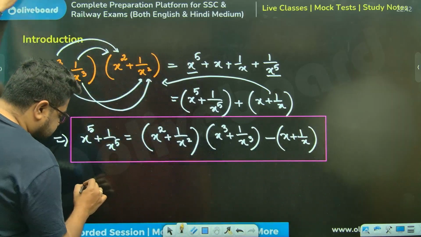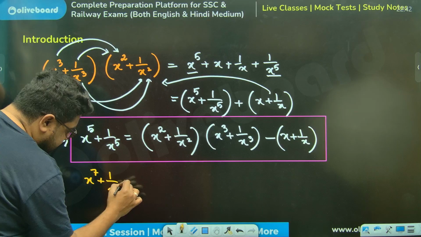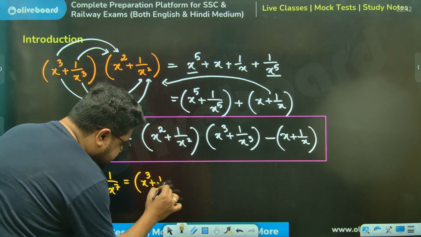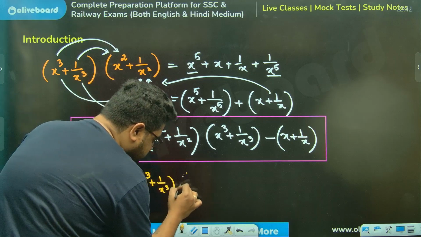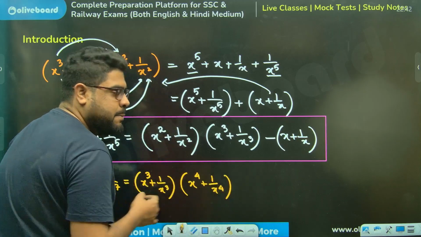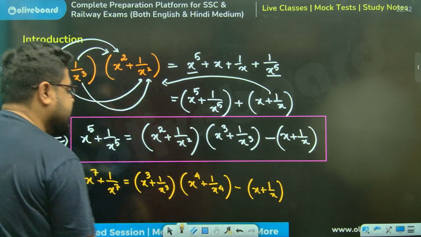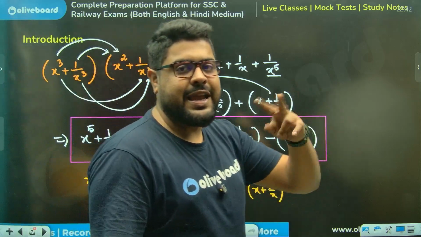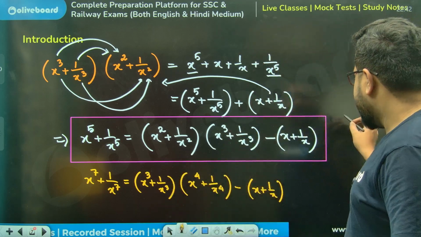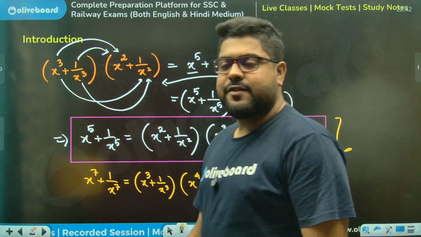So if somebody asks x to the power 7 plus 1 by x to the power 7, that means it will be x cube plus 1 by x cube into x to the power 4 plus 1 by x to the power 4 minus x plus 1 by x. Done and dusted, sir. Because 3 plus 4 gives you 7, that's why cube and to the power 4. And you see, we can get the answer from here.